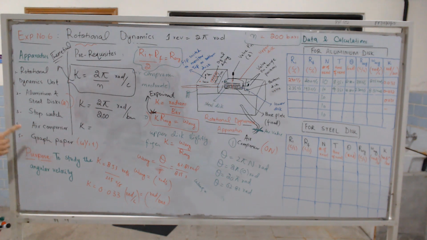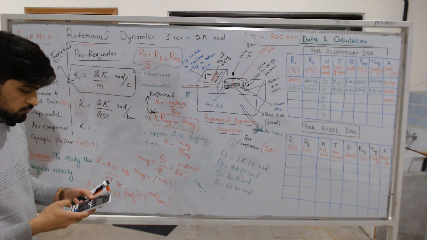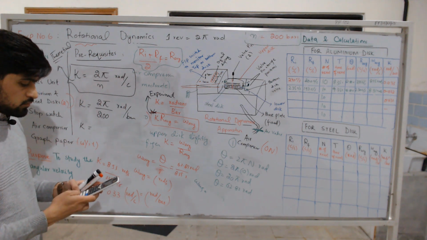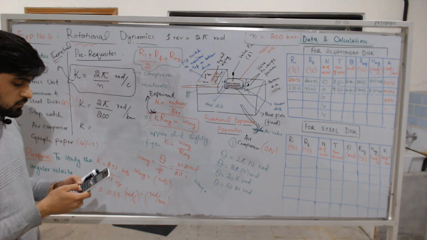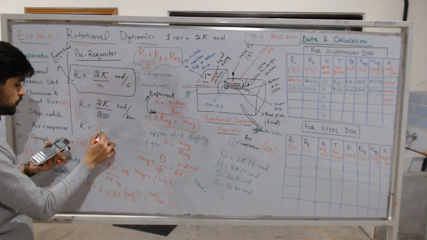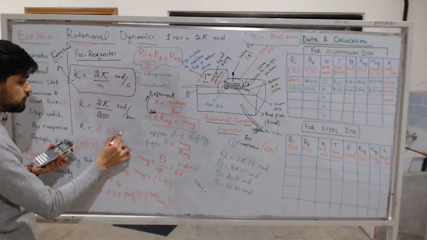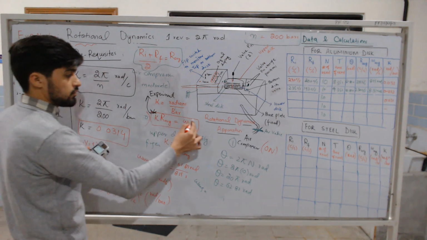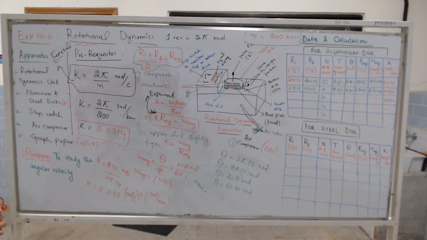If you calculate this value, it comes out to be 0.0314. So this is the theoretical value of K, and this was the experimental value of K.